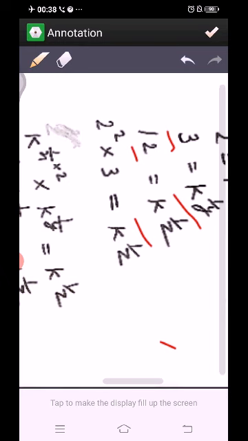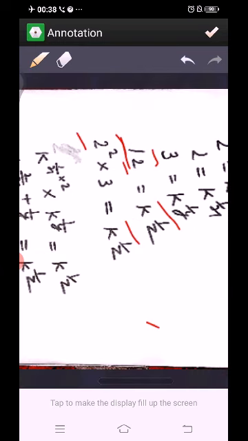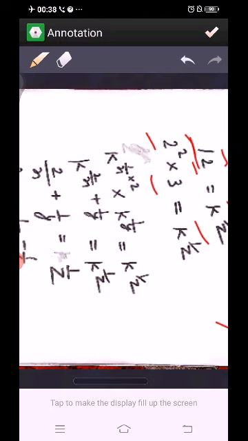Then 12, we factorize this 12, so we can write it 2 power 2 into 3. Of that right hand side, k power 1 upon z as it is. Now 2 power 2, 2 means k power 1 upon x, power 2 as it is, into 3 means k power 1 upon y, and then k power 1 upon z as it is.